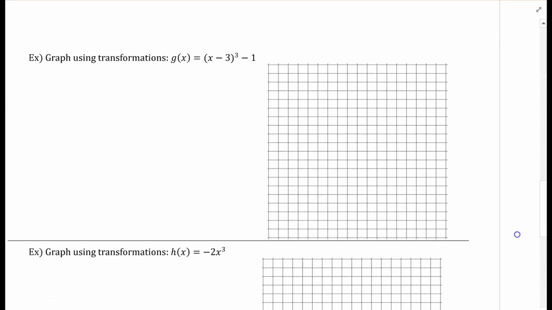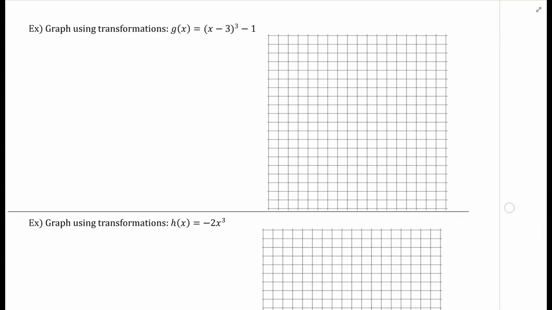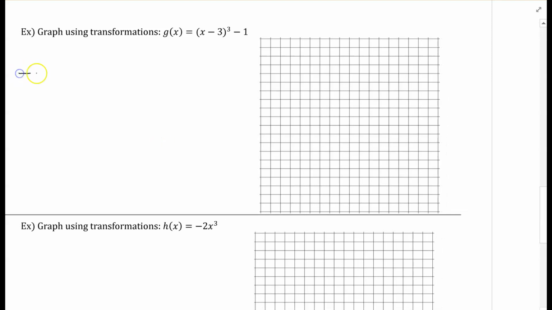If we look at the first example here, it says graph using transformations g of x equals x minus 3 to the third power minus 1. In order to do transformations, we're going to have to build a table, and we're going to transform our x values and our y values. To every x, we're going to add h.